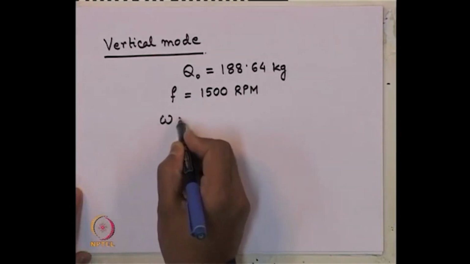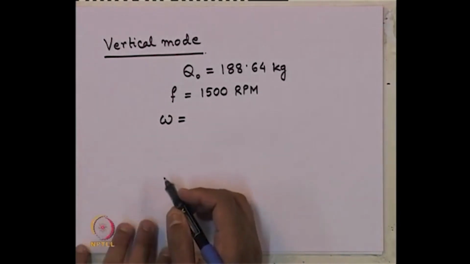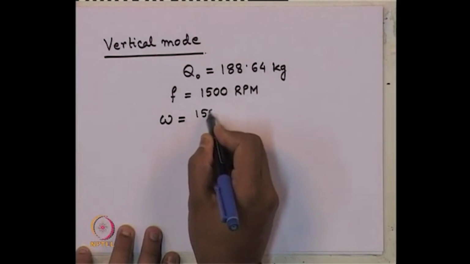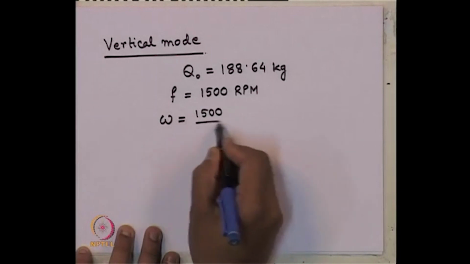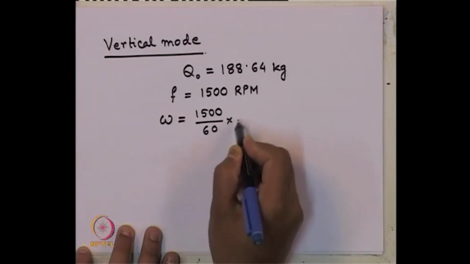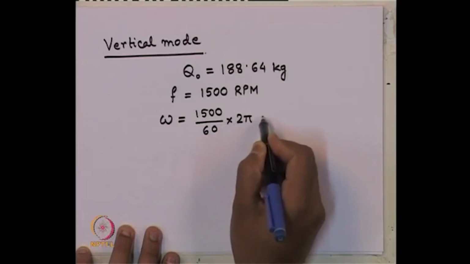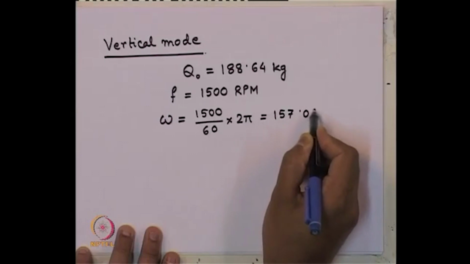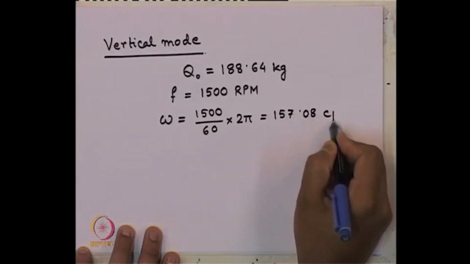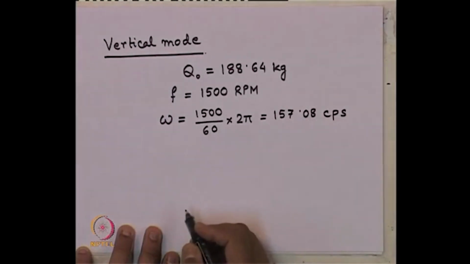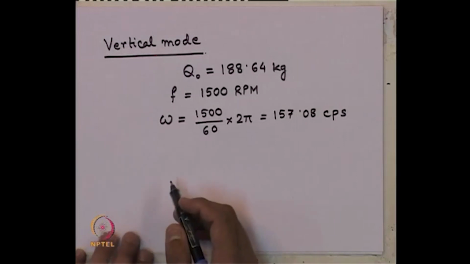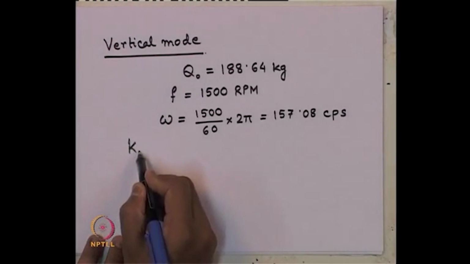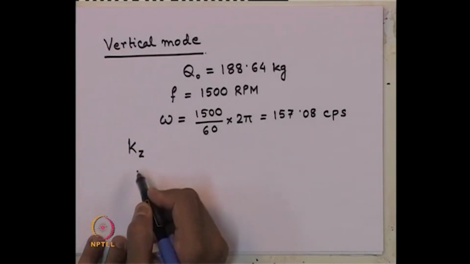Hence, in terms of circular frequency, omega will come as 1500 by 60 into 2 pi, about 157.08 radians per second. Now, in case of vertical mode of vibration, what is the expression to compute stiffness Kz?